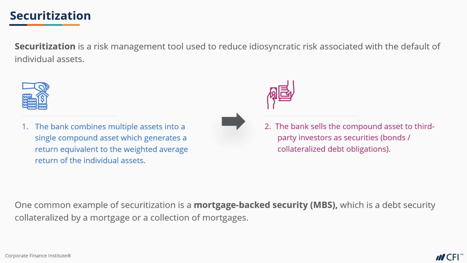An MBS can be packaged as residential or commercial mortgages, or they could also be packaged based on the credit risk of the mortgages bundled into what's known as a tranche. What the bank will do is they'll typically sell MBSs in tranches to institutional investors. The bank will use the proceeds from the sale to mitigate its own risks and often to make new loans.